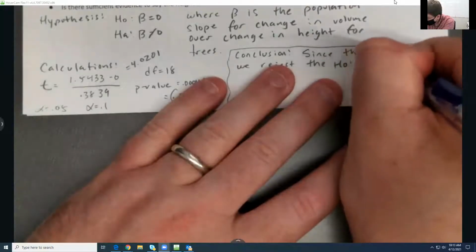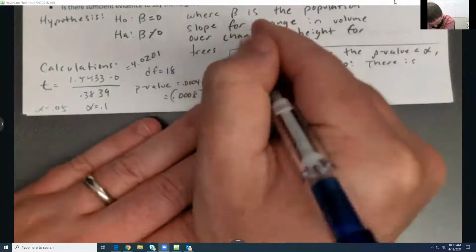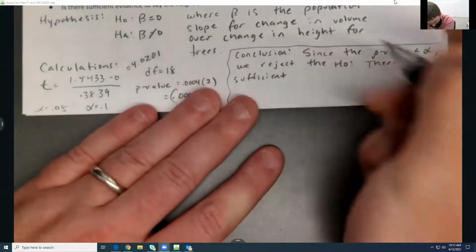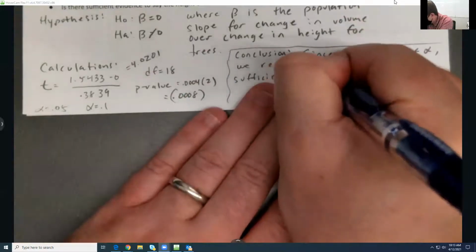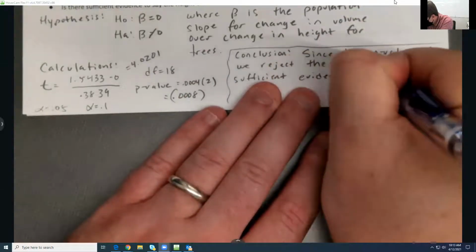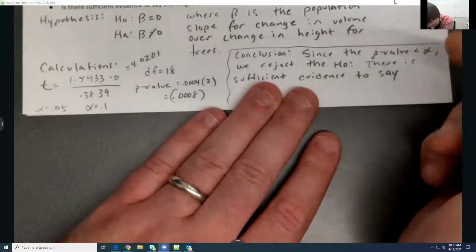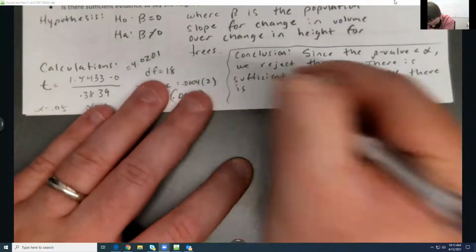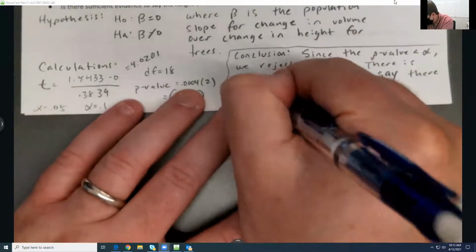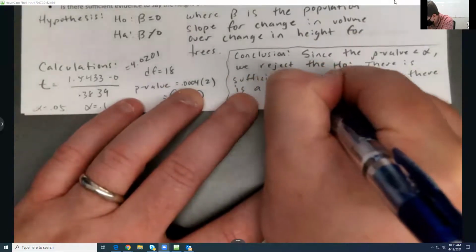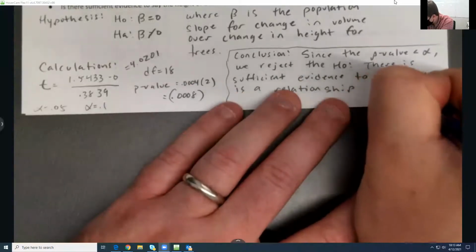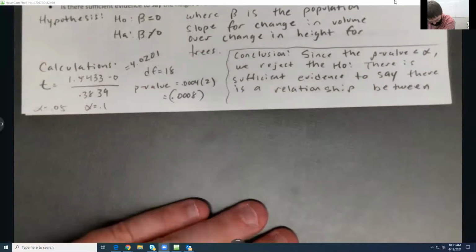So there is sufficient evidence to say, sorry, I'm writing kind of small, so it'll all fit in here. There is a relationship between, and what are our two variables? Height and volume.